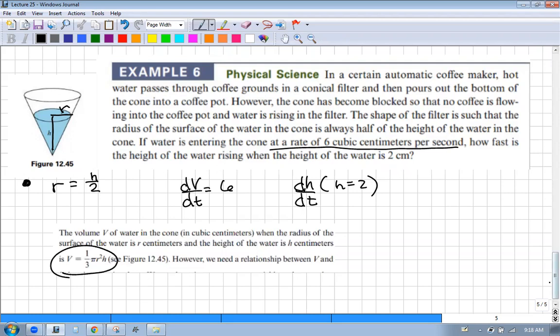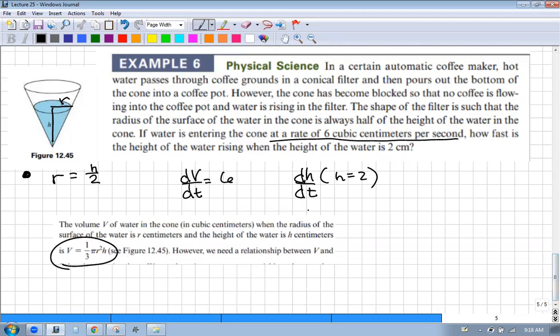All right. So if we want to find dh/dt, there's an h. If we just take the derivative of both sides of this, we're going to get a dV/dt. And over here we have this pi over 3. That's just a constant. And now we have the r squared h. These are two separate functions. We're going to have to use the product rule. So we have what? The derivative of the first function.